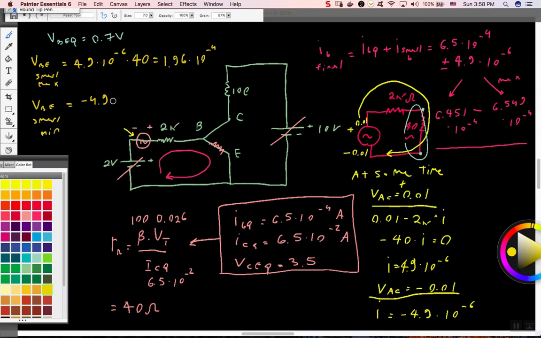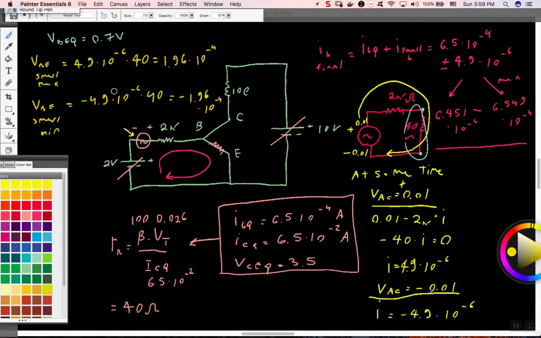So that would be 10 to the minus 6 times 40, just with a minus sign: minus 1.96 10 to the minus 4. I just want to check that I didn't make a calculation mistake. 4.9. Okay, looks correct.